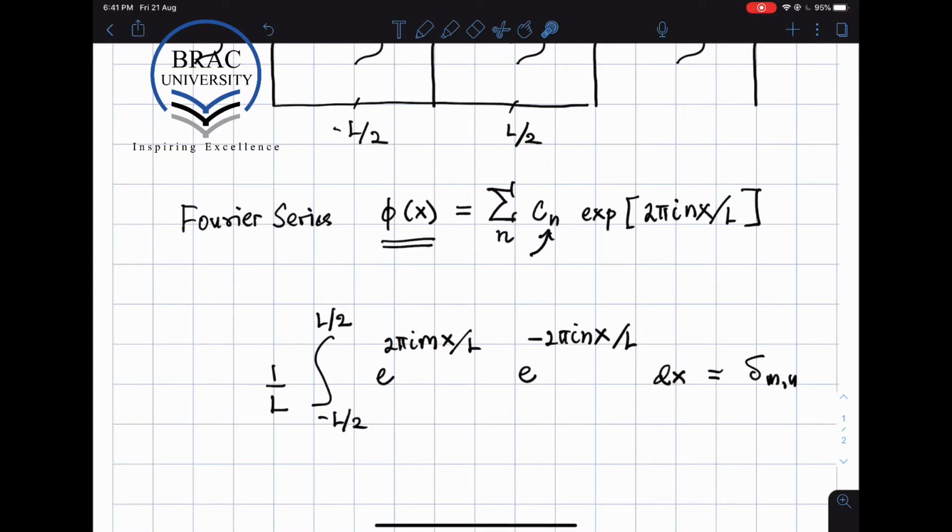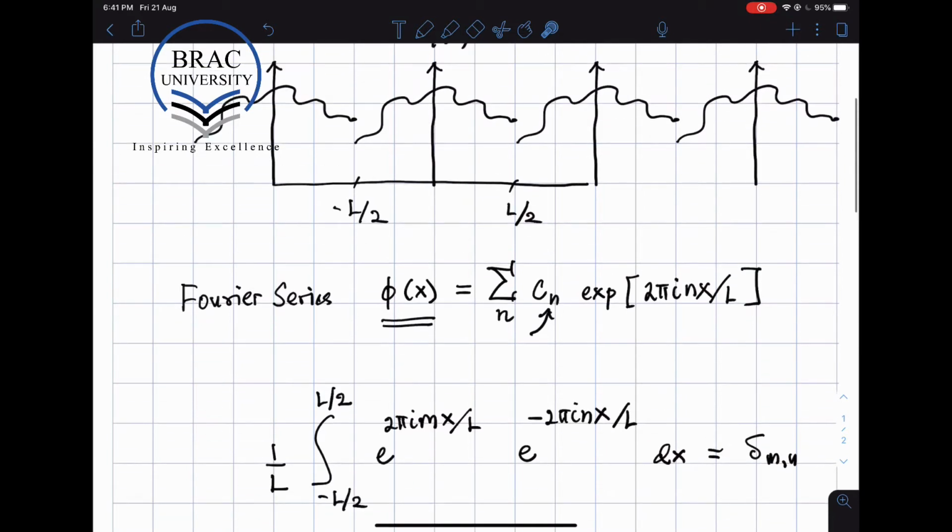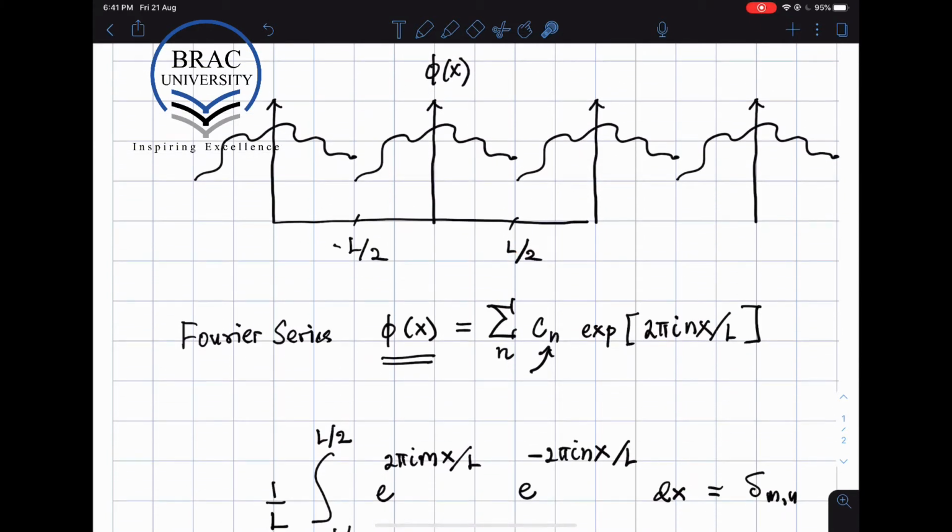So now the question is, what happens to this formula when we go from the Fourier series to the Fourier integral? For the Fourier series, recall that the quote-unquote momentum modes are just these integers m and n, and they are discrete. But when we go to the Fourier transform, we allow this period to go to infinity, and then we have a function which is defined over the whole real line. Of course, the function has to satisfy some conditions.